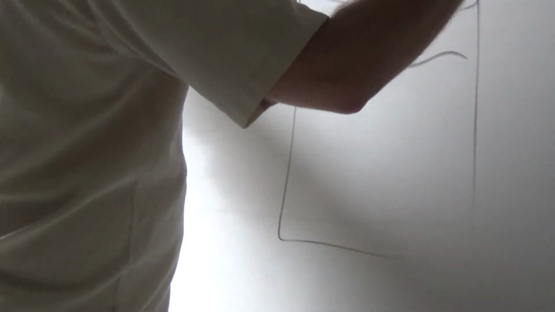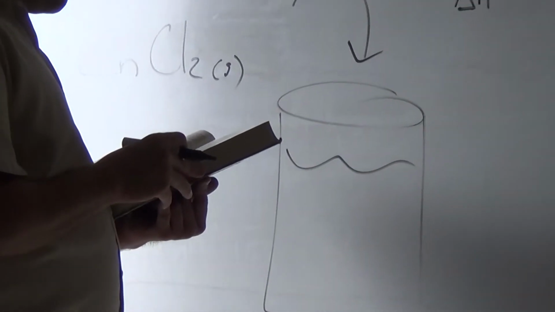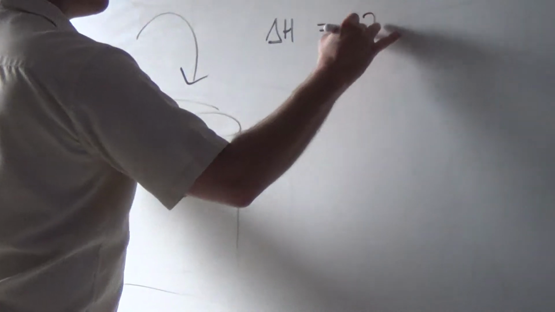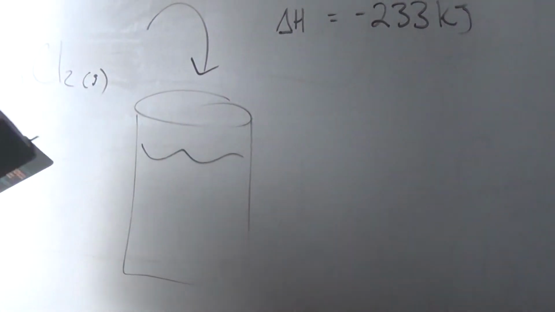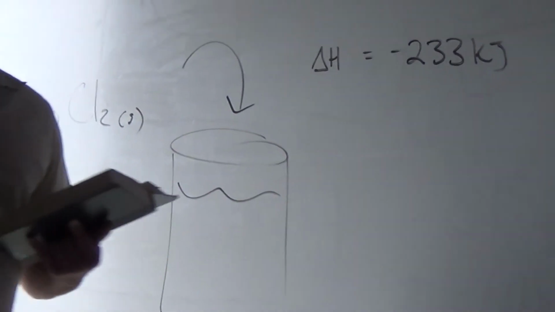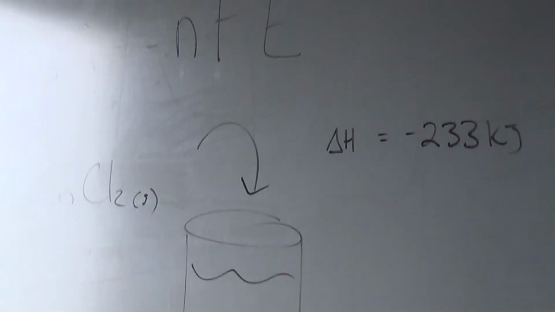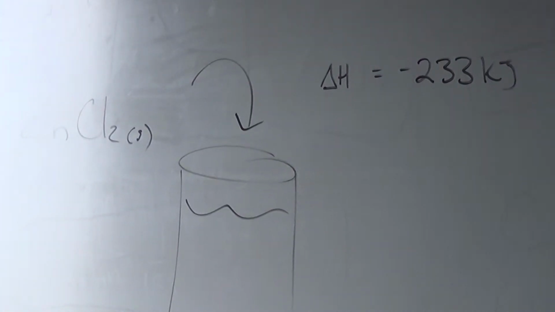Throw this guy in the solution, and we find out that delta H is equal to negative 233 kilojoules. Throw these ions in solution, 233 kilojoules of energy gets released into that bath.